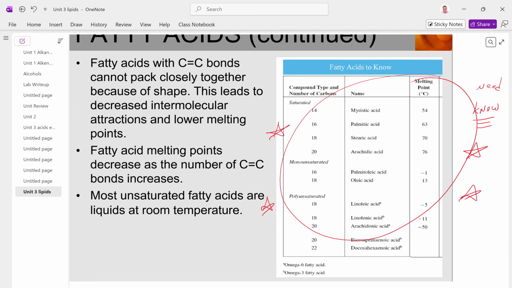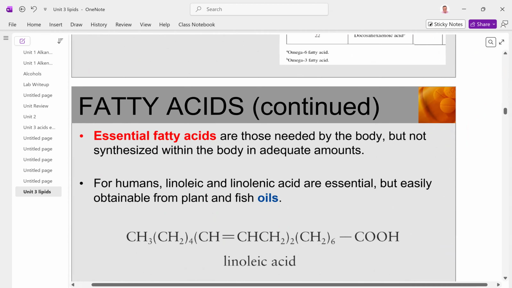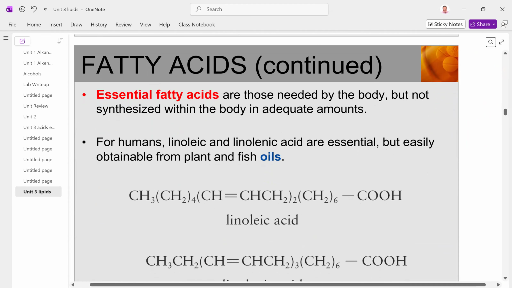Not the melting points, but the structures, okay? Essential fatty acids are those needed by the body, and the body cannot synthesize those within the body.